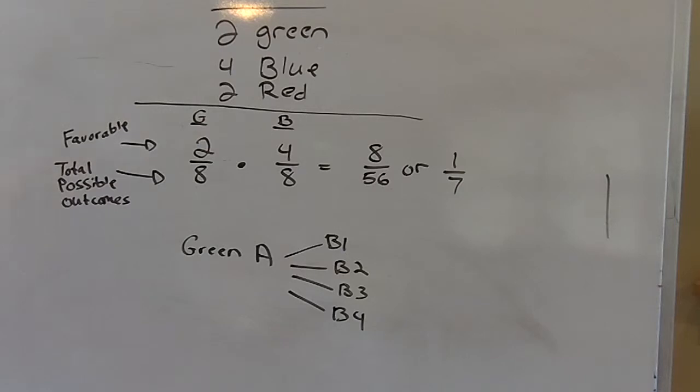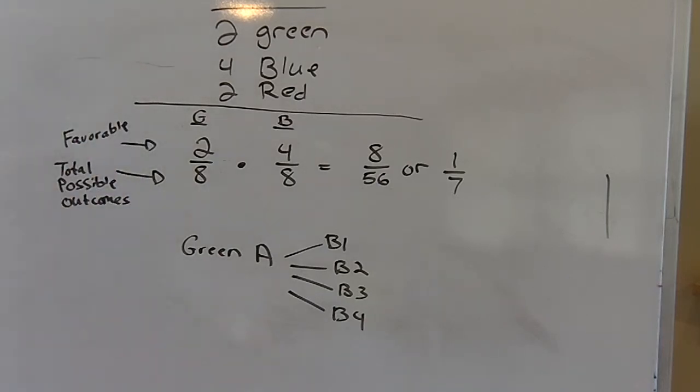I could also match up green marble B with any of the 4 blues as well, for a total of 8 possible ways to get a green and a blue. So I could have green A and blue 1, green A, blue 2, green A, blue 3, green A, blue 4. Or I could have green B, blue 1, green B, blue 2, green B, blue 3, green B, blue 4. All of those would work.